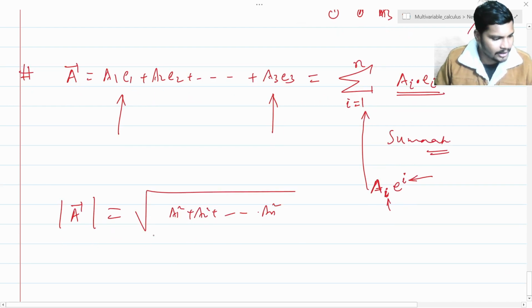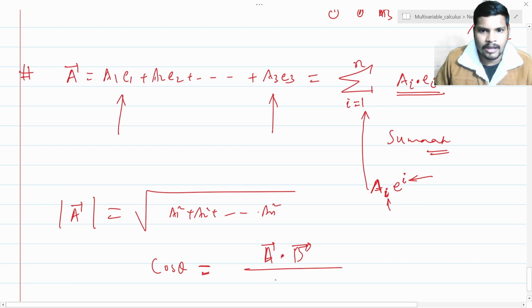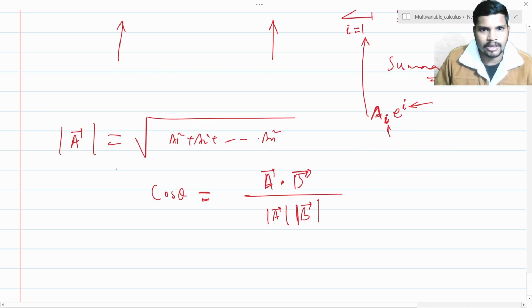I can easily find the angle between two vectors in n dimensions by taking a vector dot b vector and normalizing it by the magnitudes of a vector and b vector.